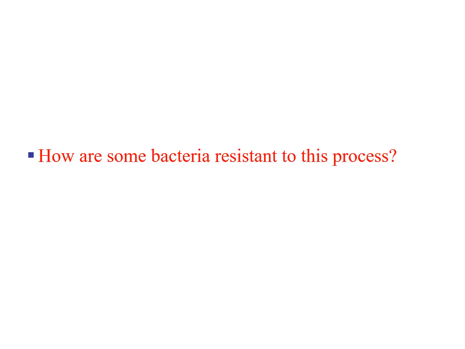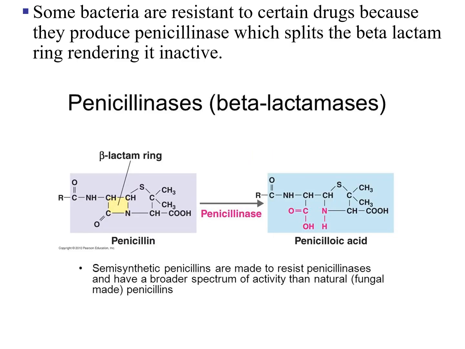How are some bacteria resistant to these processes? Some bacteria are resistant to certain drugs because they produce enzymes that can deactivate those drugs. We talked about beta-lactam and the natural form being penicillin. That penicillin is going to inhibit the pentapeptide.